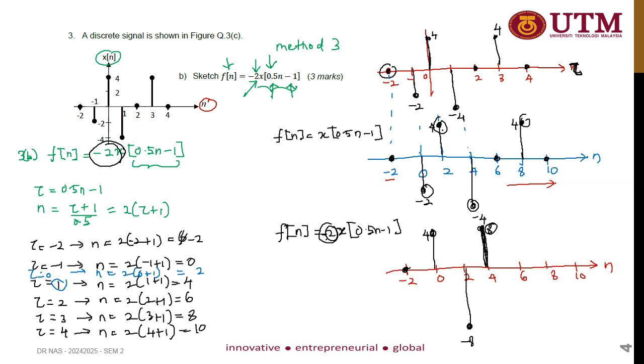At 6 it is 0, and at 10 also 0, and at 8 it is 4, multiplied by negative 2 is negative 8. So this is the final answer for the given function f(n) equal to negative 2 x(0.5n minus 1).